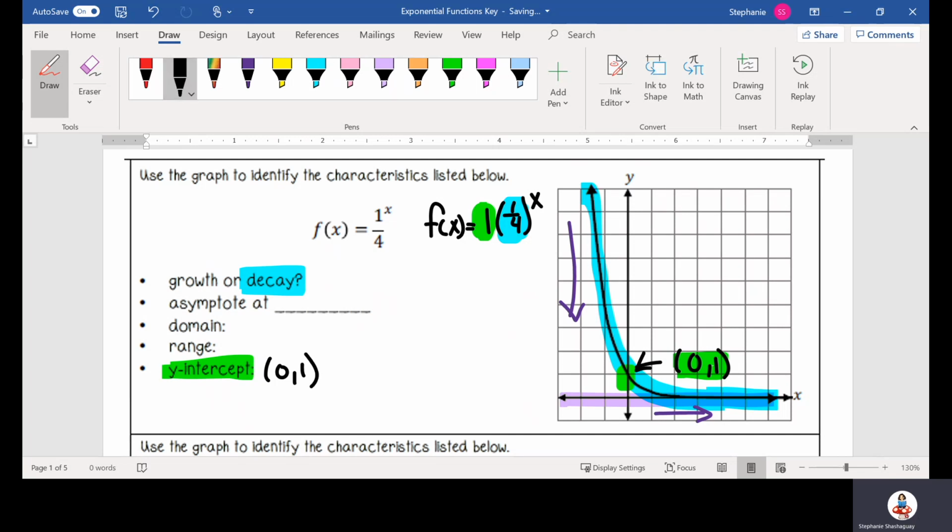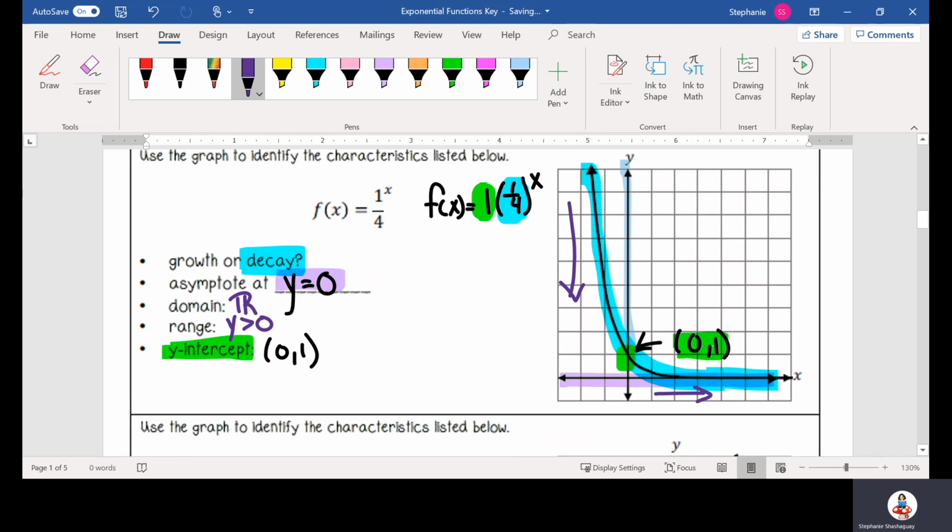So my asymptote is going to be y is equal to 0. My domain here is the same. It's all real numbers. And my range is going to be anything greater than 0. All right, so that was number 1.